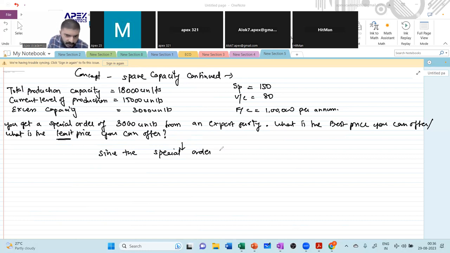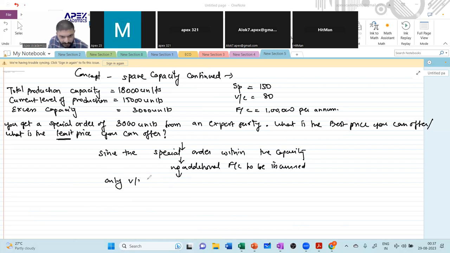Since the special order is within the capacity, no additional fixed cost is to be incurred. Next, only variable cost is to be recovered and you will make no losses.